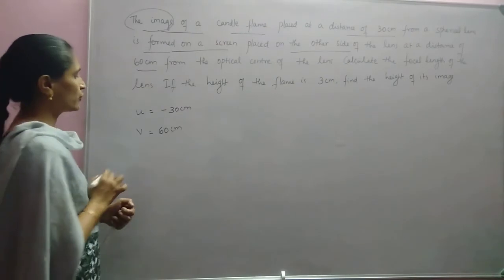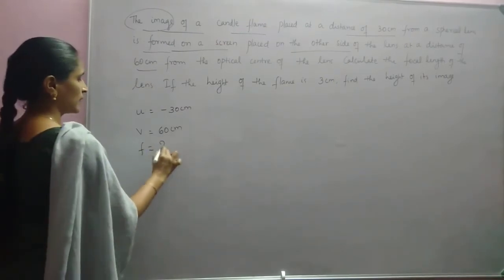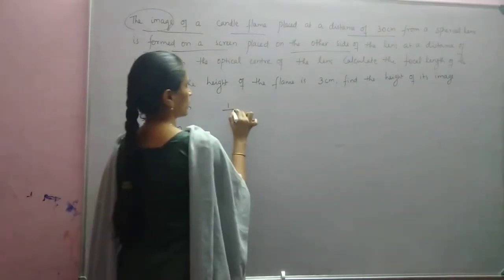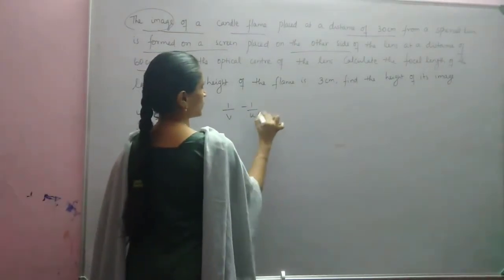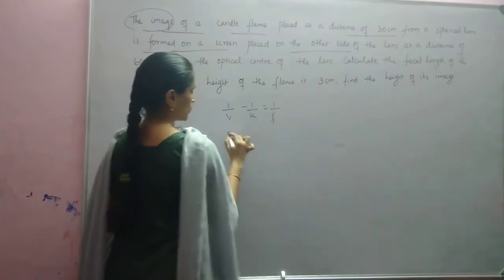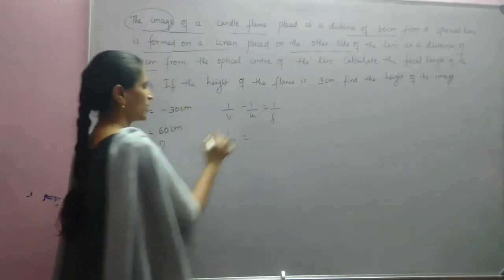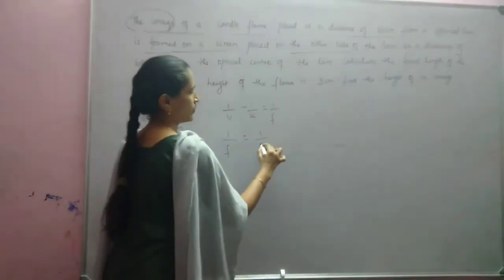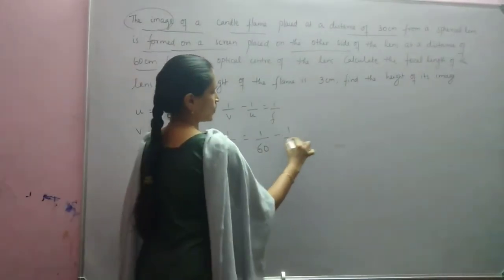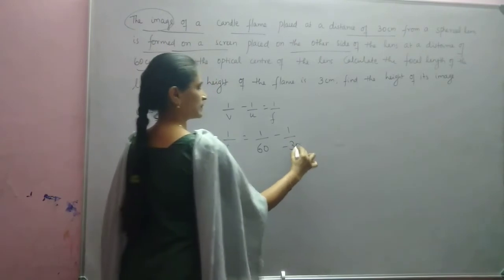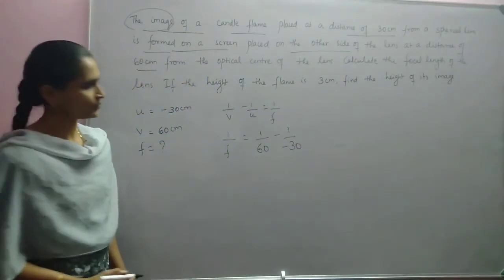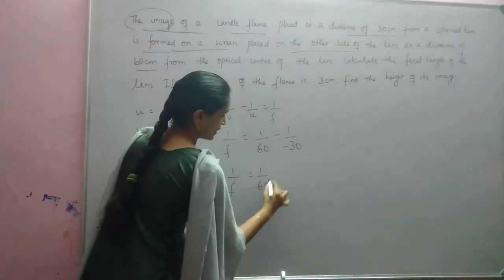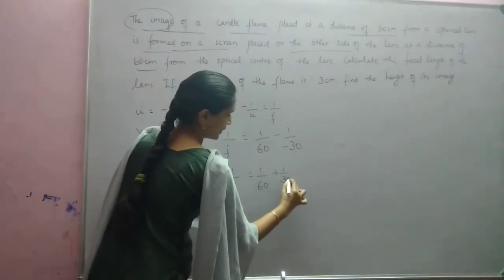Now you have to find the focal length. You can use the lens formula: 1 by V minus 1 by U is equal to 1 by F. So 1 by F is equal to 1 by V. What is the value of V? V is equal to 60. So 1 by 60 minus 1 by minus 30. So 1 by F is equal to 1 by 60 plus 1 by 30.